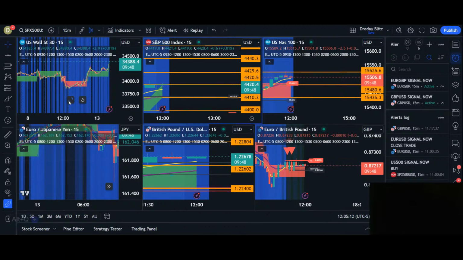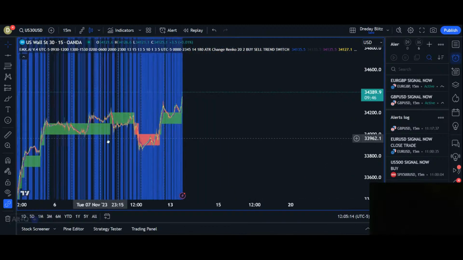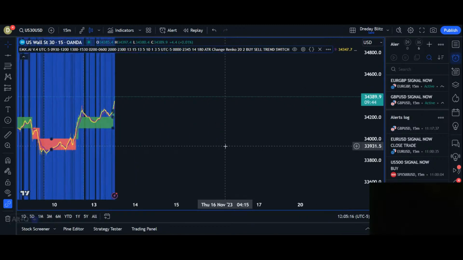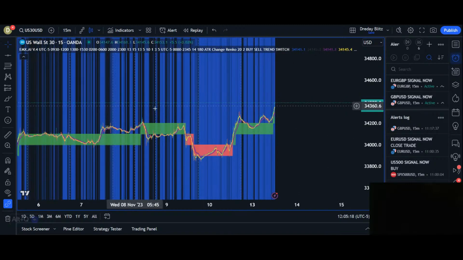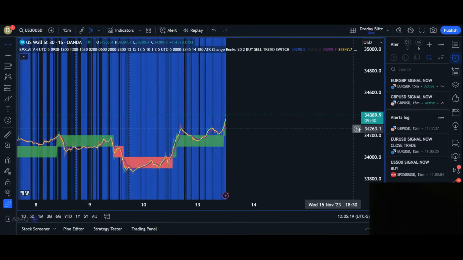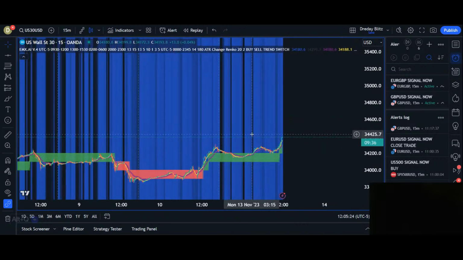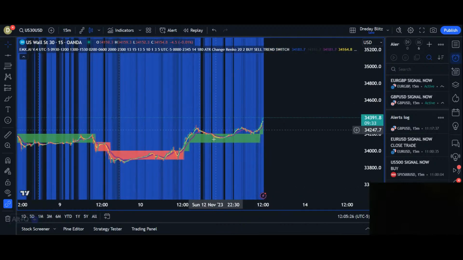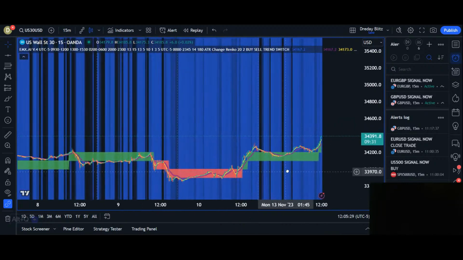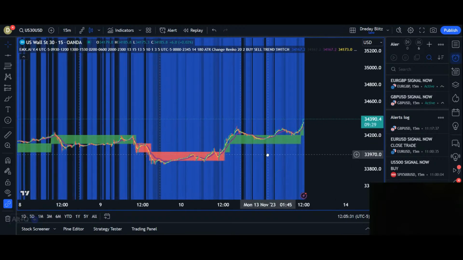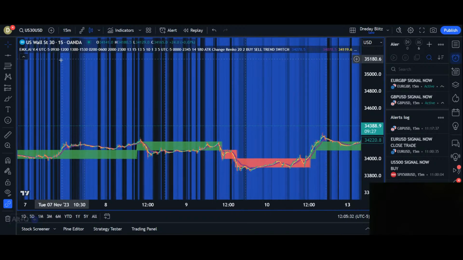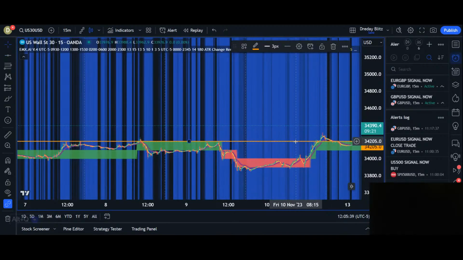Let's look at the US 30. So US 30 still looking bullish. So if we look at the US 30, plot my lines.